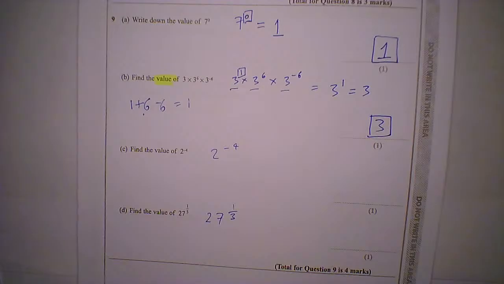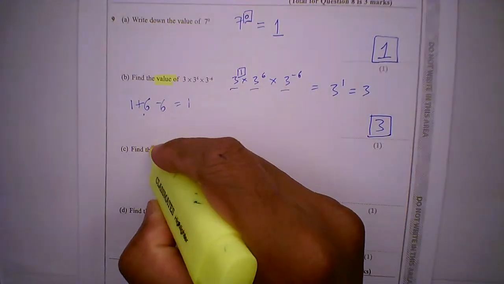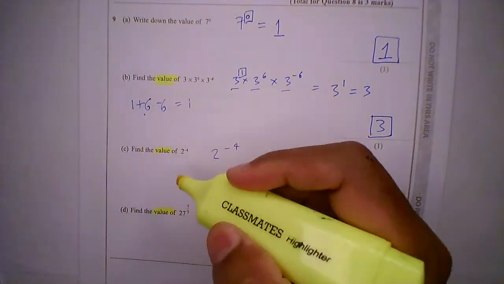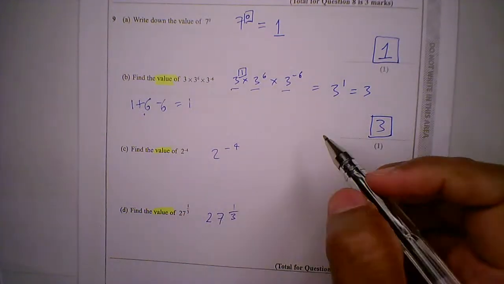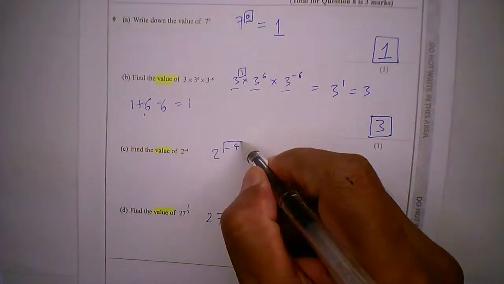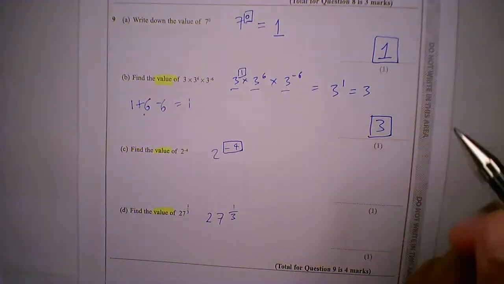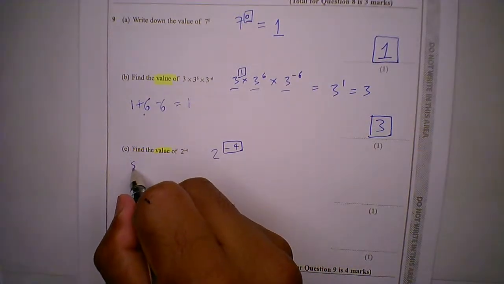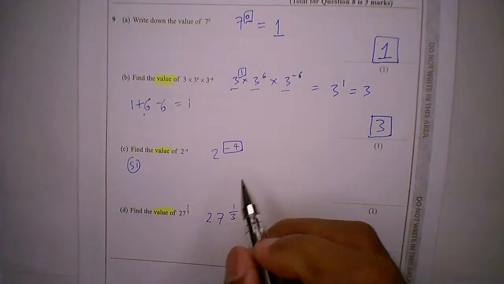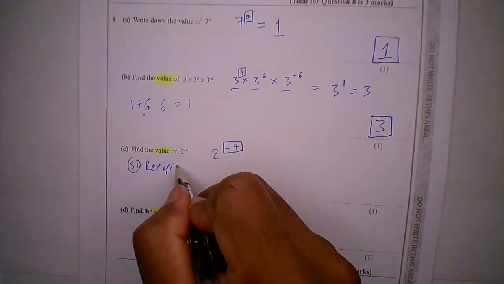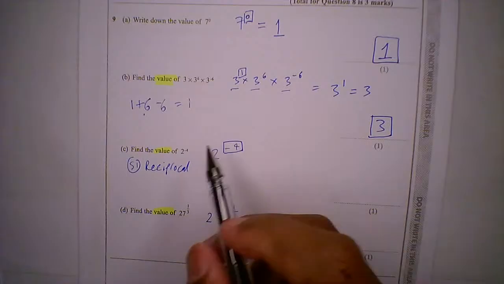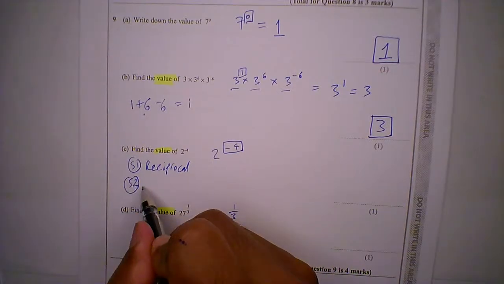Again, similar things for these questions: find the value, find the value. So we shouldn't have our answers as powers. So find the value of 2 to the power minus 4. If we have a negative, step 1 here is a reciprocal because it's a negative. And then step 2 will be to work it out.